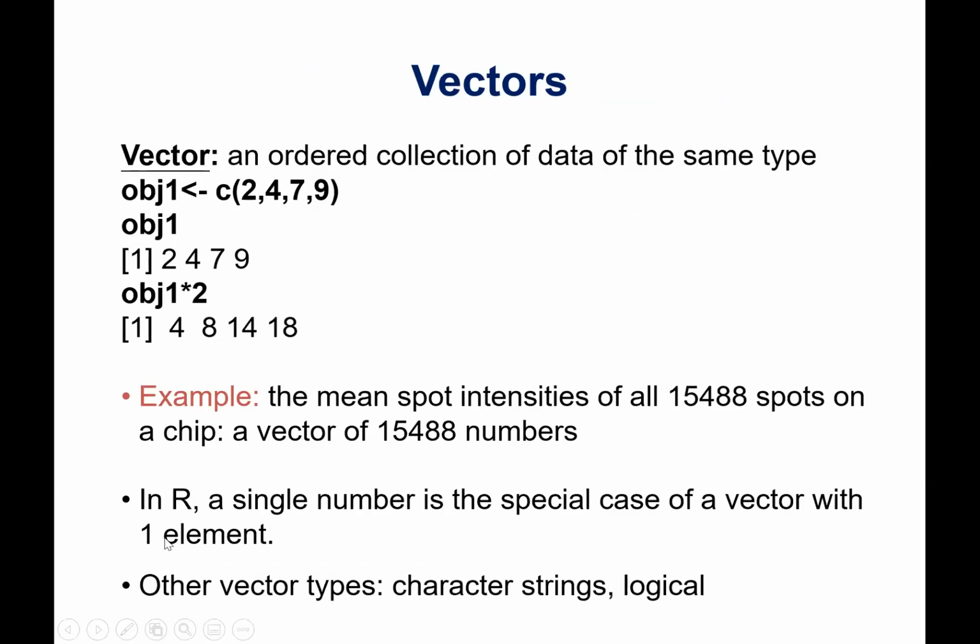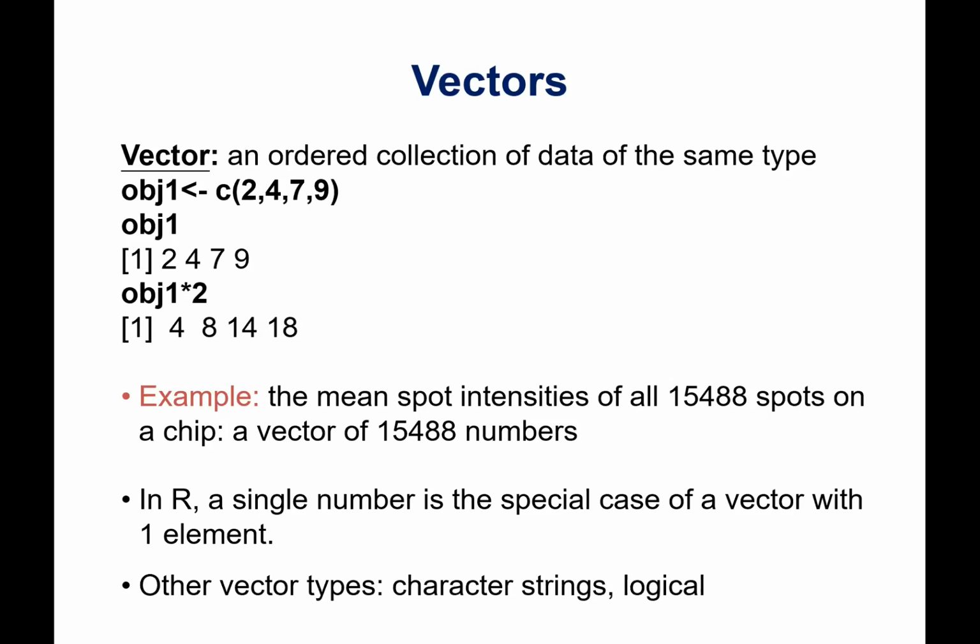Let's show some examples. We know that a vector is an ordered collection of data of the same type. For example, in this object 1, we include 2, 4, 7, 9. We can assign it to an object, then we can manipulate it. For example, we can multiply by 2, then each number in this object will be doubled.